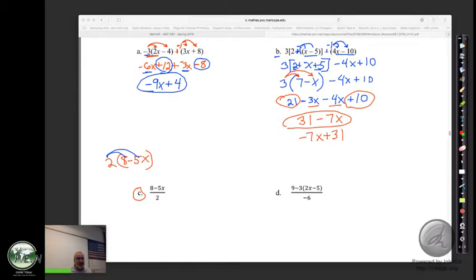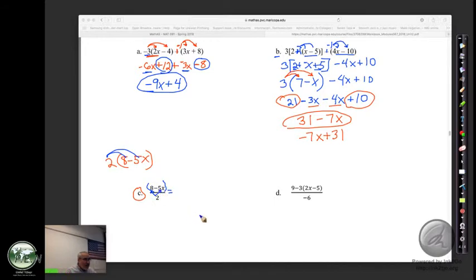So what is C? C is a little bit different. I'm not multiplying by 2. What am I doing with the 2? I'm dividing. And what is division in relation to multiplication? It's the reverse of multiplication, but it's very related. It's just the opposite. So what I actually am doing, if you want to think of this, put a parenthesis around here, I've got to distribute this 2 to both of these terms.